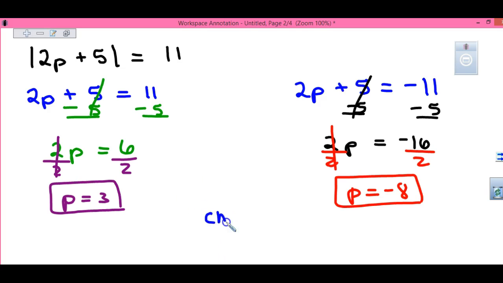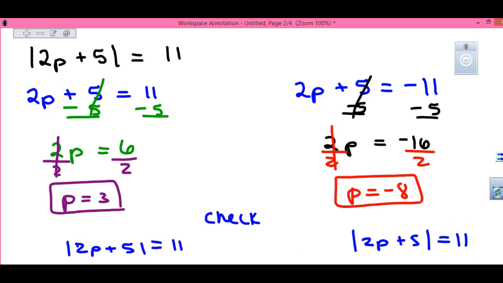If we check this, the absolute value of 2p plus 5 should equal 11. So this is the absolute value now. Let's check.